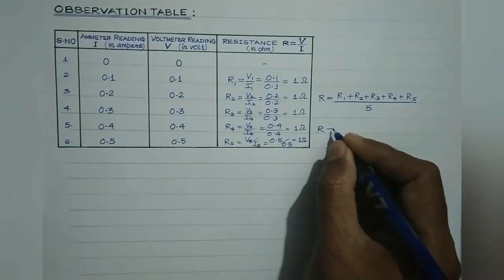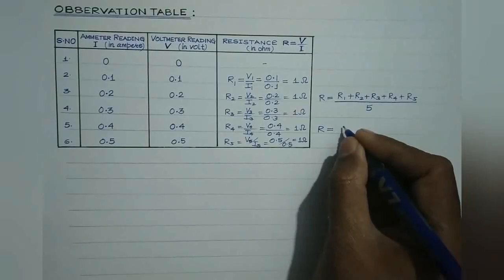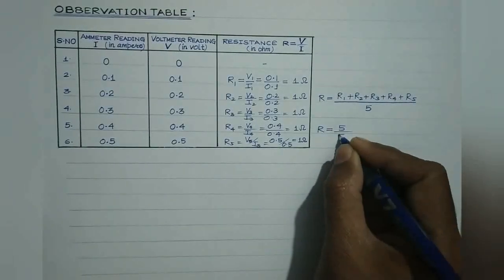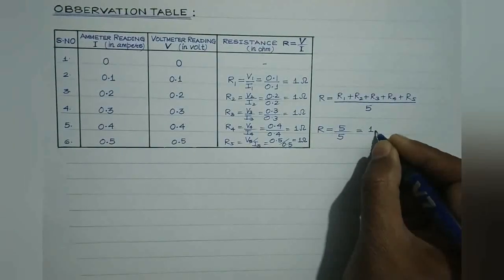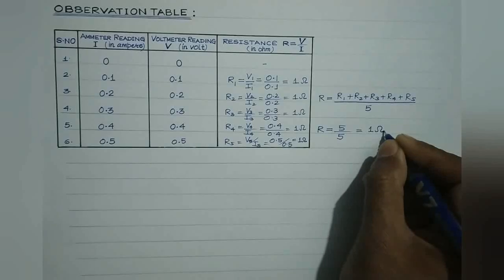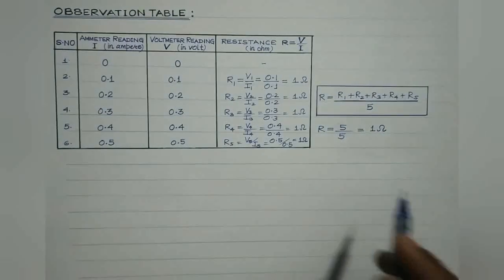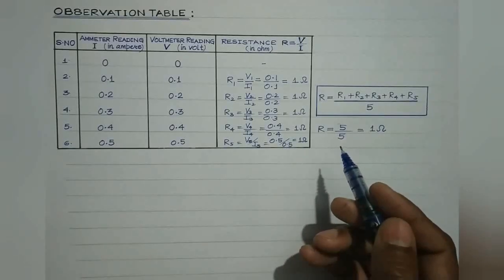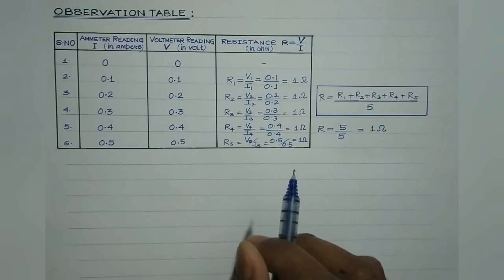So obviously here in this case we'll get 1 plus 1 plus 1 plus 1 plus 1, that is 5 by 5. So here we'll get the value of resistance of the given wire to be 1 ohm, right? So R has been measured mathematically. Students, I must mention that the voltmeter and the ammeter used should be of proper ranges, right?